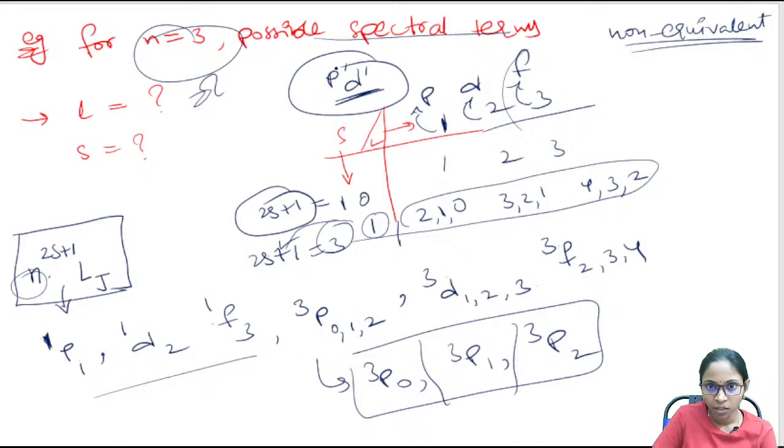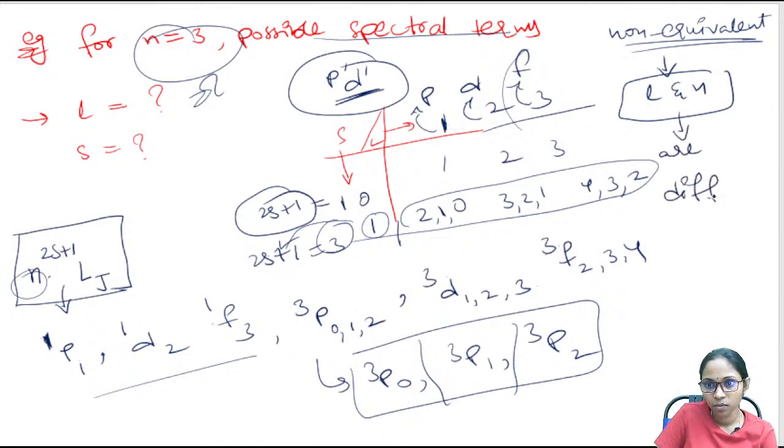That means for non-equivalent electrons, either L or N are different. For the equivalent case, N and L are same. For the non-equivalent case, L and N are different.